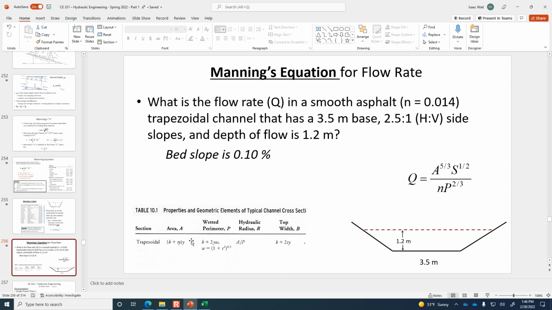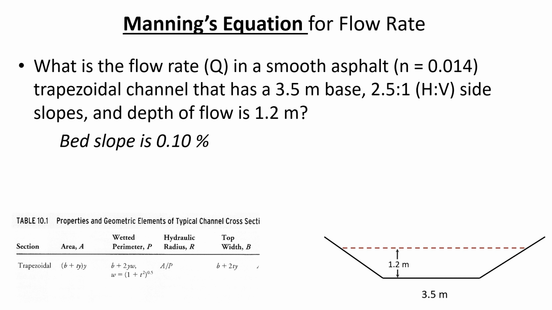So we can use these formulas for area and wetted perimeter. Or sometimes you can just think of it this way. It's a rectangle, so area is 3.5 times 1.2.